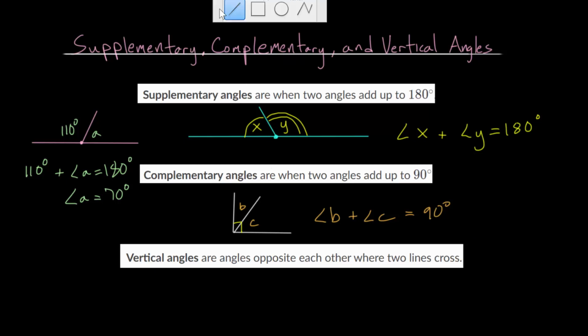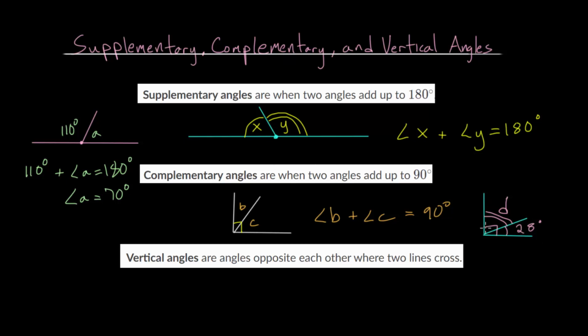And a common example you might see for this type of problem, let's create another right angle here, and we'll split this with some type of line. So let's say we know one of these angles, and we do know this is 90 degrees, but maybe this is 28 degrees, and we want to find this angle right here, which let's call it D. So we can set up an equation since we know these are complementary.